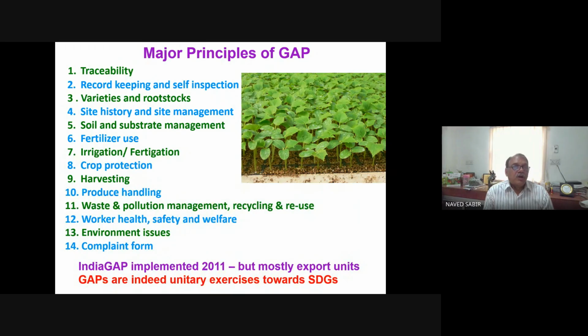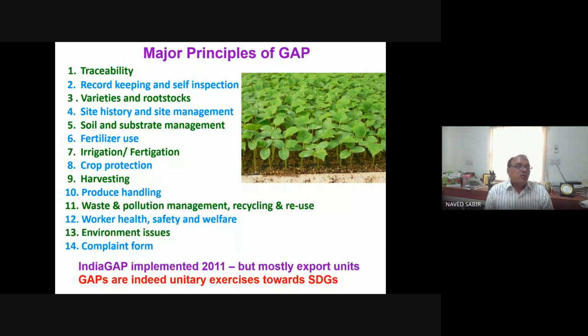But remember, this traceability is for a relationship between the producer and the retailer. There is actually an agreement between the producer and the retailer. Good agriculture practices are not something that everybody follows. With good agriculture practice, you follow the good practices.